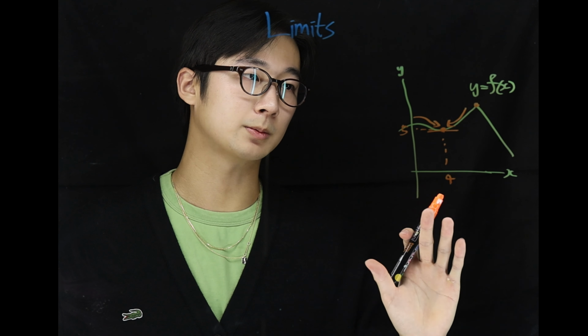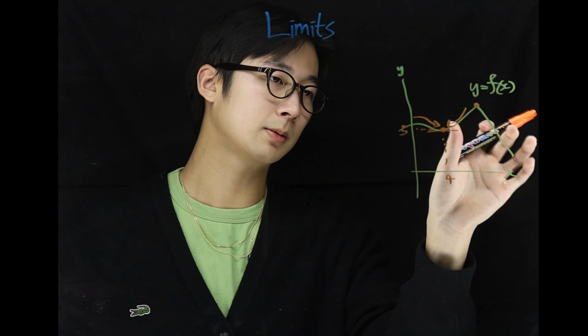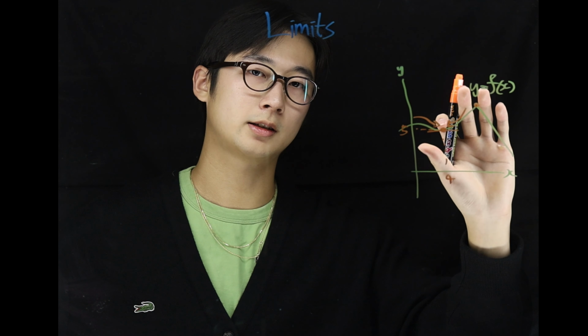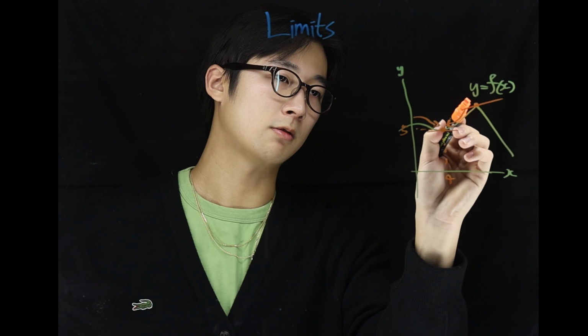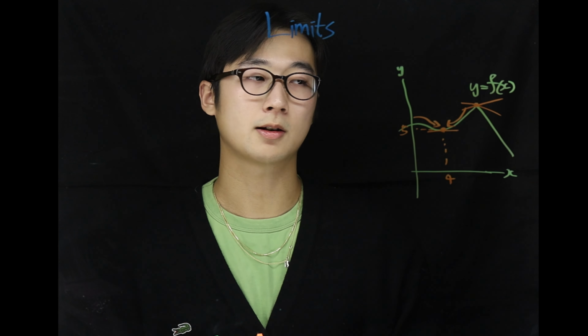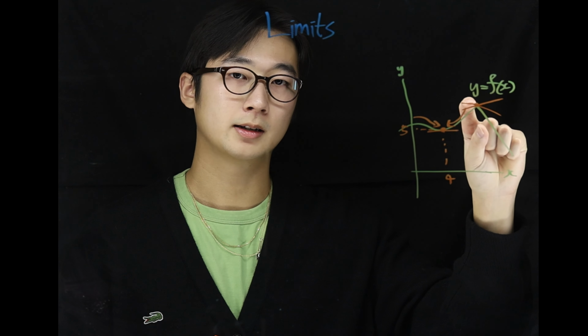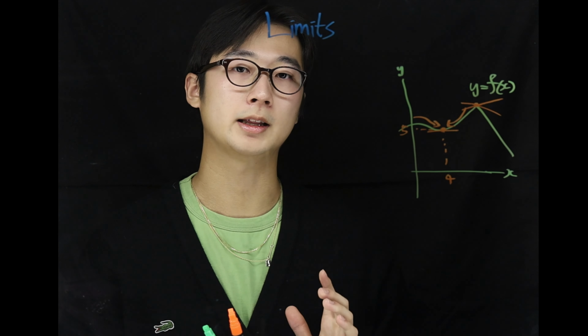Then it's not differentiable because we can draw a tangent line in multiple directions. The tangent line could be like this, or like this, or like this. There's no one unique tangent line, so it is not differentiable. It still has a limit. The limit exists at this point, but it is not differentiable.